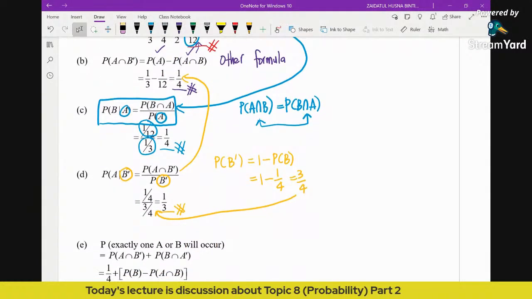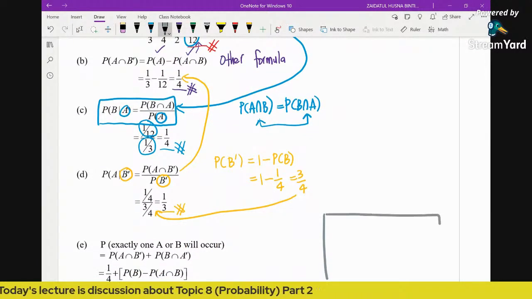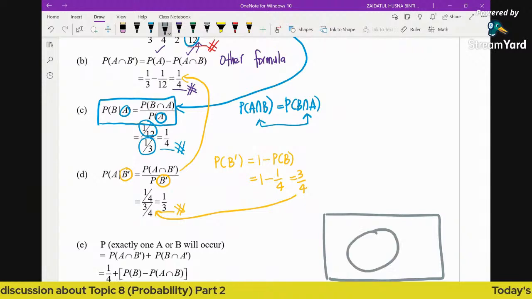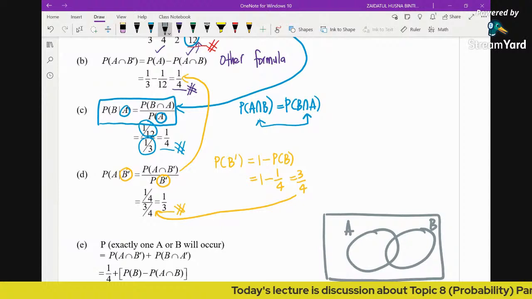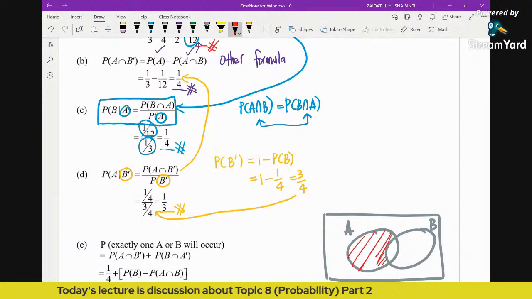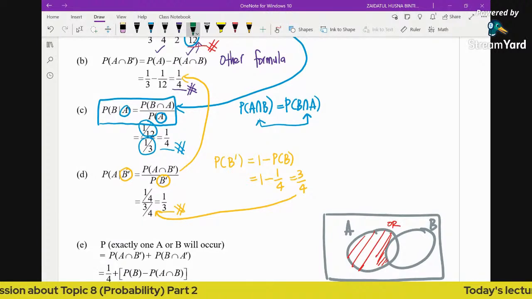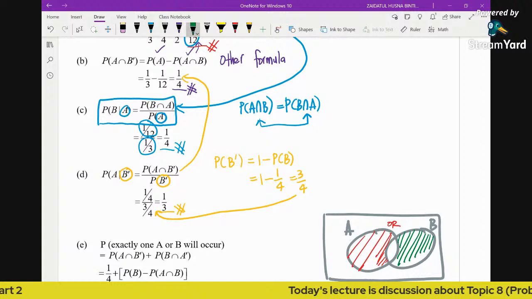So if we draw a Venn diagram, exactly one, so it's either A or B. It cannot be both. So it's either this red region here, or, I use a different color, this.